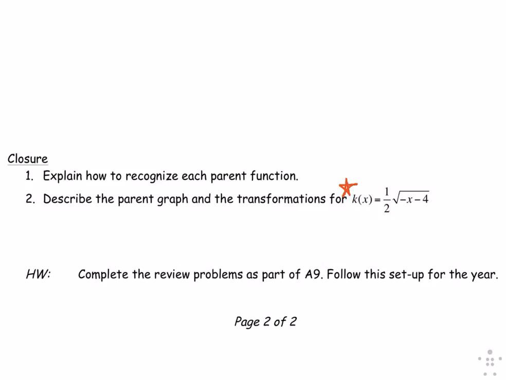But I want to start opening your eyes to the full realm of how transform functions may be presented. Notice here that we have the negation of x. So negation of x means a reflection over the y-axis. And in this problem, what makes it difficult, we have a horizontal translation. When those two are together, think about that.